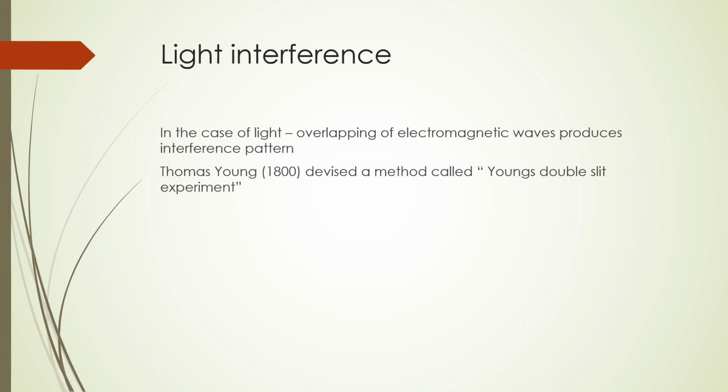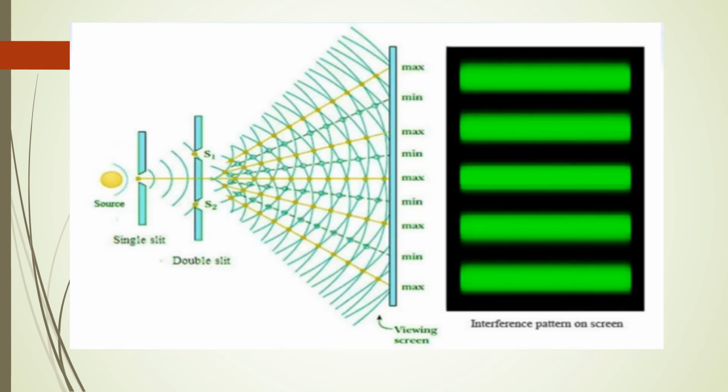Light interference was first observed by Thomas Young in the year 1800 with the experiment of Young's double slit. Here we have a source.